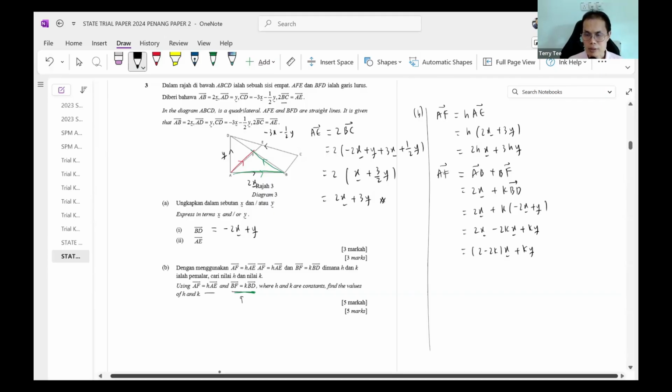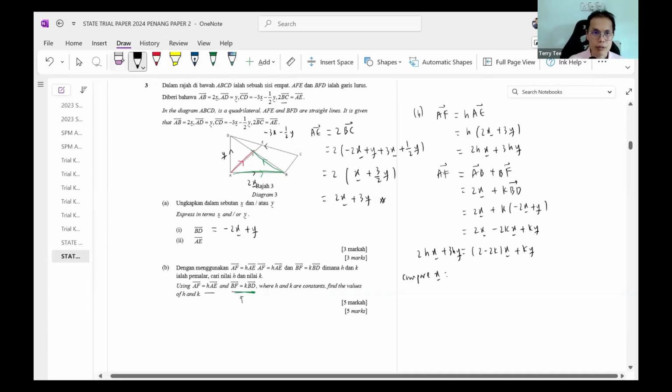Now let us compare. The first version, let me rewrite over here: 2hx plus 3hy. Let's start by comparing the coefficient of x.